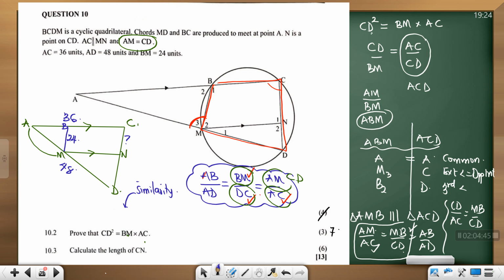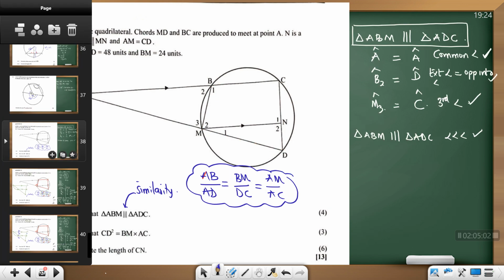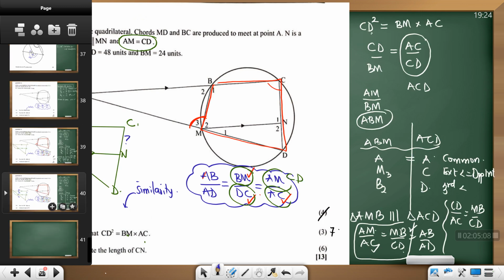So if you look at this, CN has not appeared anywhere in our workings, right? That's why we have a bit of work to do. CN has not appeared at all in any of the things that we've done. Okay, I want to think with you again, and that's why I like to take fresh questions, because I want to think afresh.